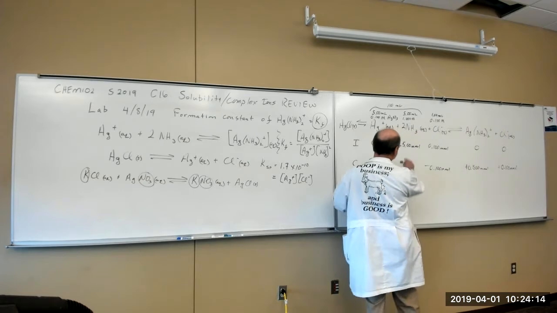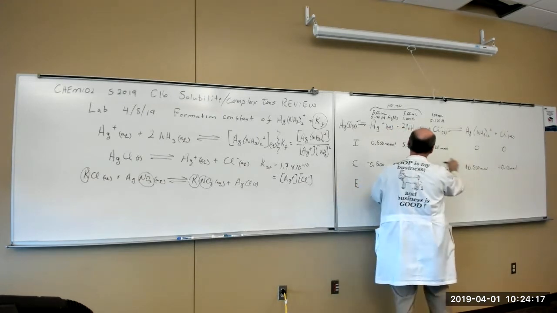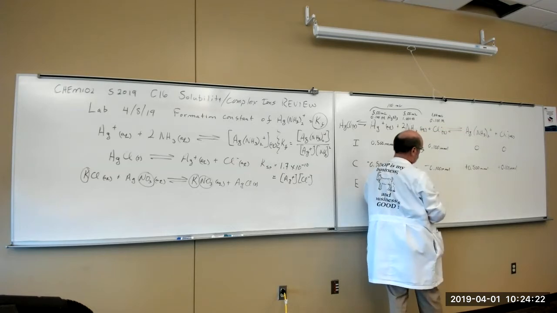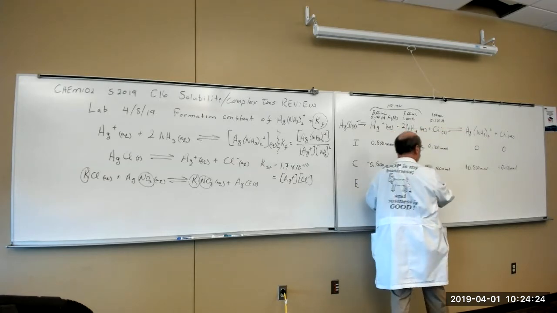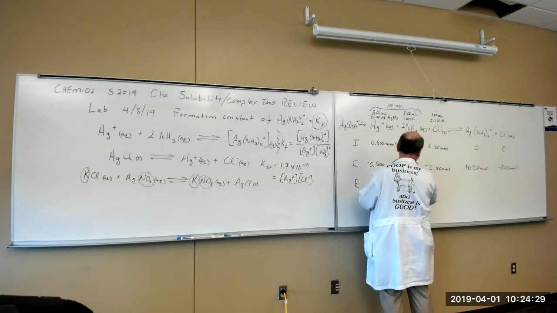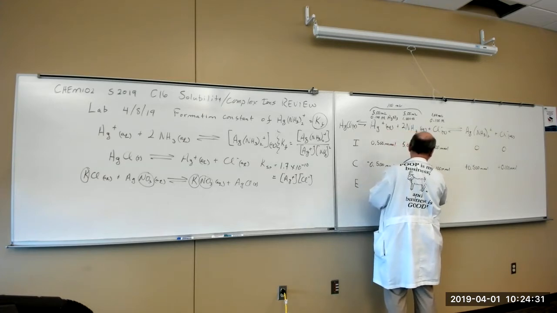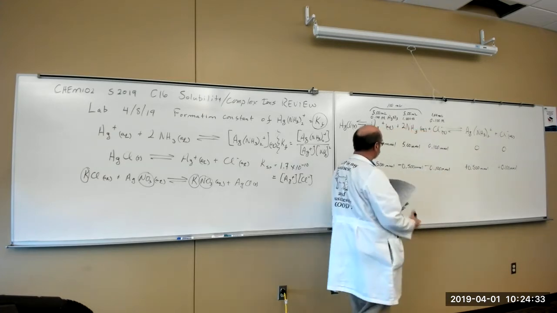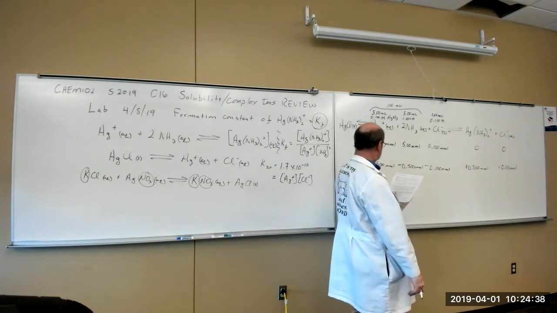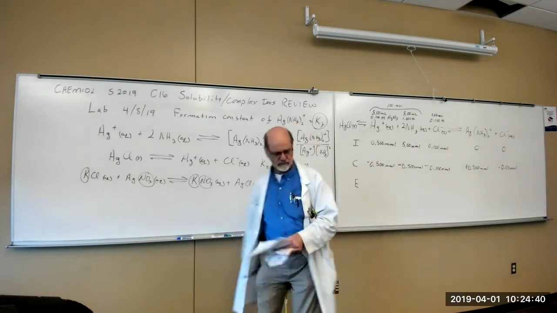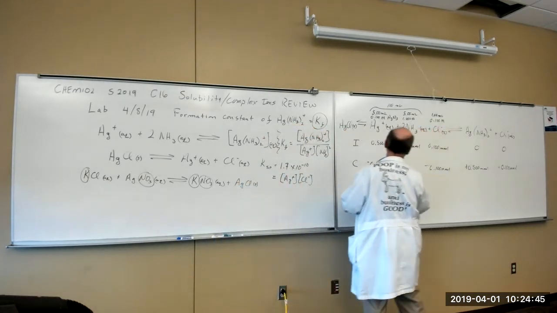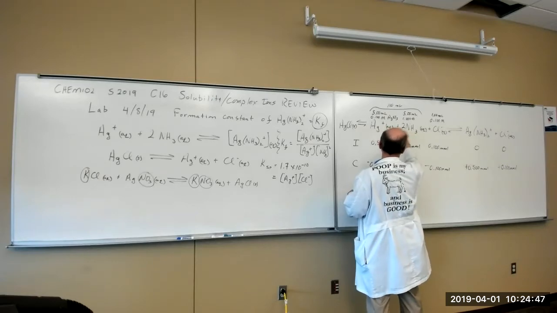Okay, so how much did we lose here to make this? Well, we've got 2 ammonias here and 2 ammonias there. So that means the same amount that showed up over here, we lost over here. That is not what you have here, though. Oh, wait a minute. You're right. Stoichiometry is 1 to 2.